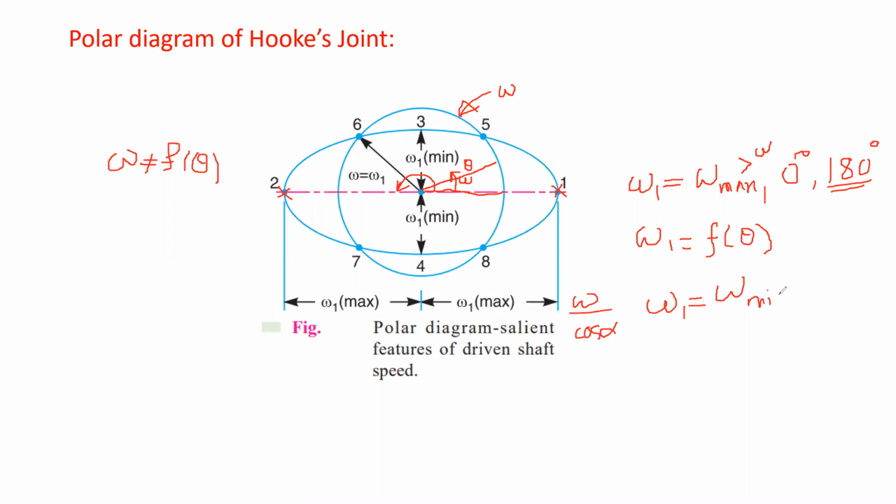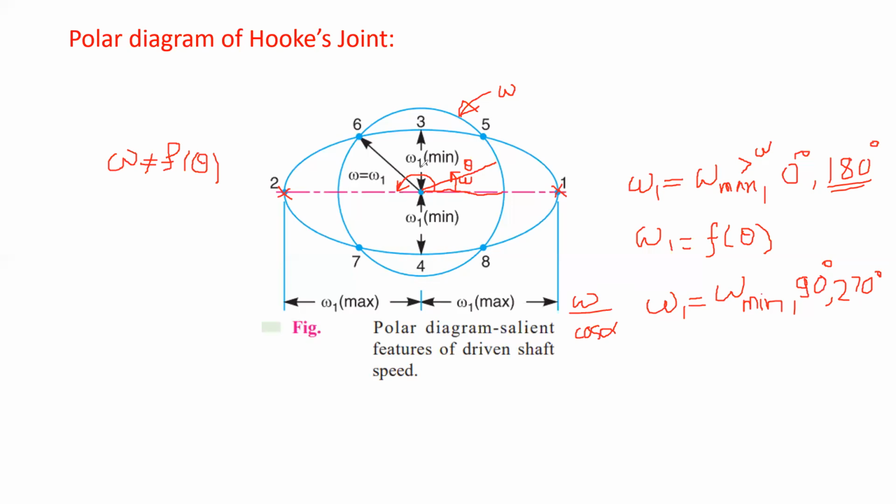At which angles is omega 1 minimum? At 90 degrees and 270 degrees. Measuring the angle from the positive x-axis, at 90 degrees omega 1 is minimum.